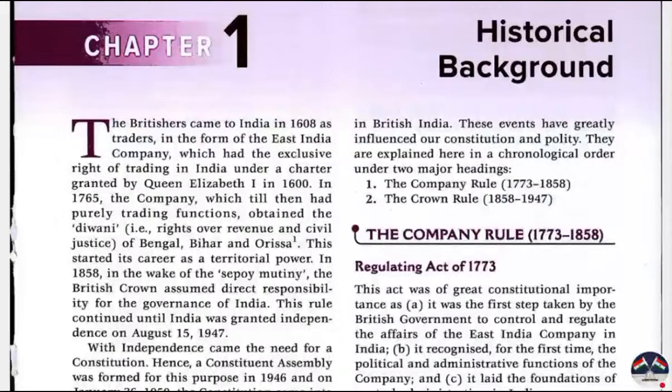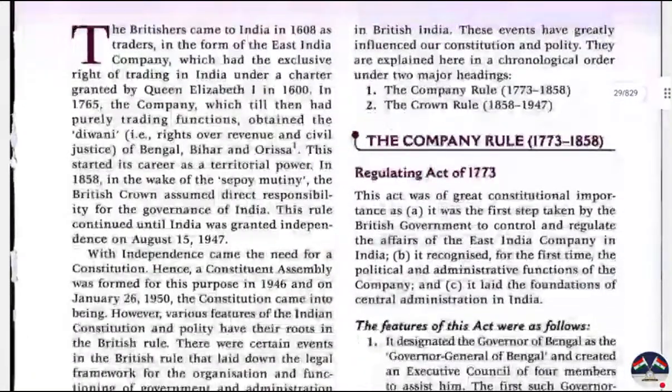In 1765, the company, which till then had purely trading functions, obtained the Diwani of Bengal, Bihar, and Orissa. Diwani means rights over revenue and civil justice. This started its career as a territorial power.